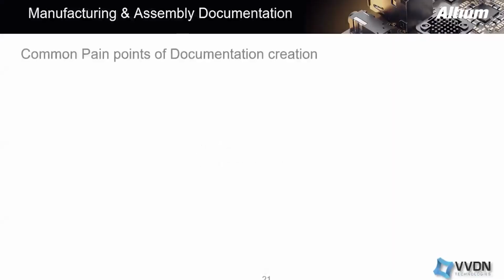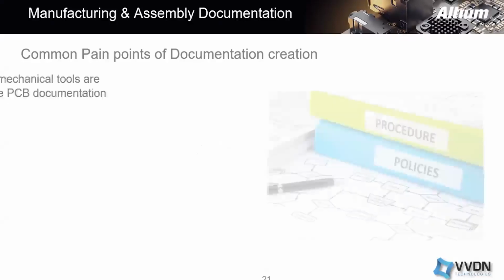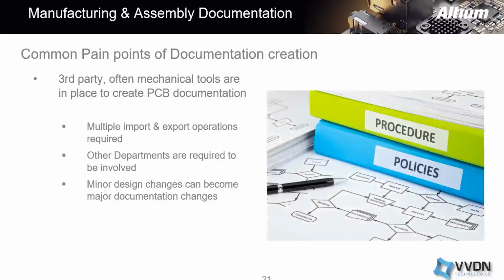So the next and final topic for today's presentation is Altium Designer Draftsman documentation. For manufacturing and assembly documentation, we can provide documentation about our board details, and we can share it with the manufacturer and fabricator.